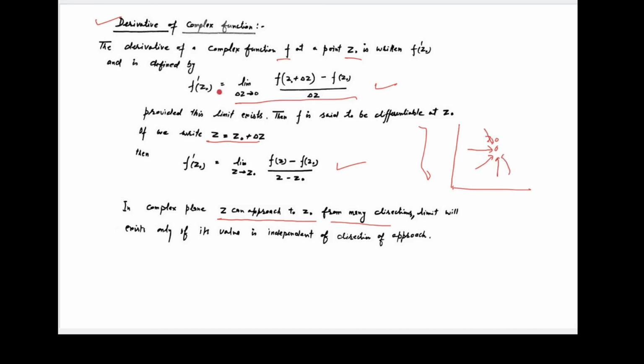So this limit, delta z approaching 0 of f of z0 plus delta z minus f of z0 upon delta z, will exist only if its value is independent of the direction of approach. Whether we approach from this direction or from this direction, its value must be unique. So its value must be independent of direction of approach. So this was all about derivative of a complex function.